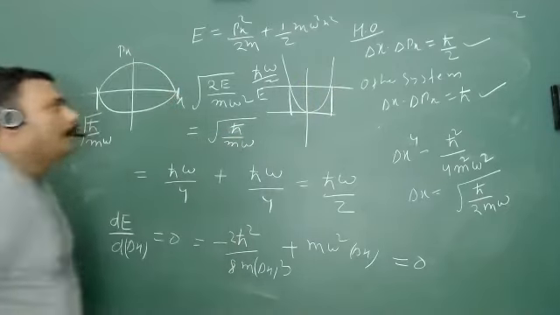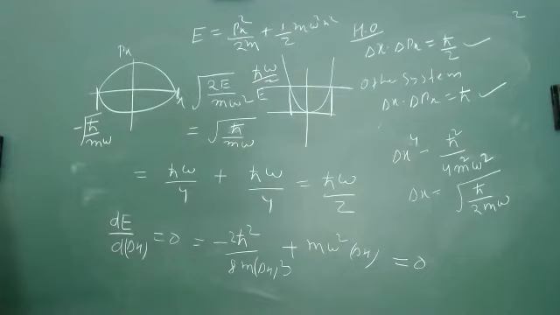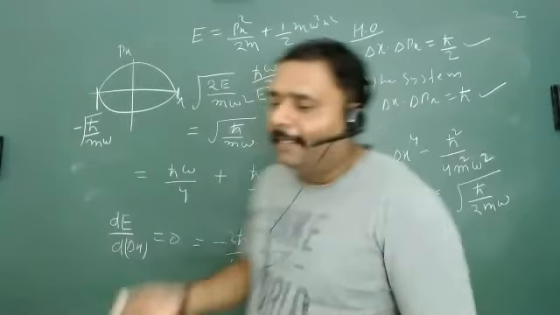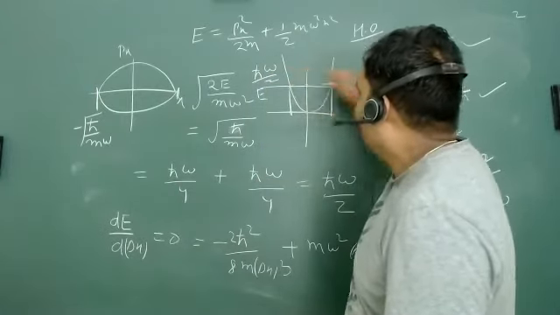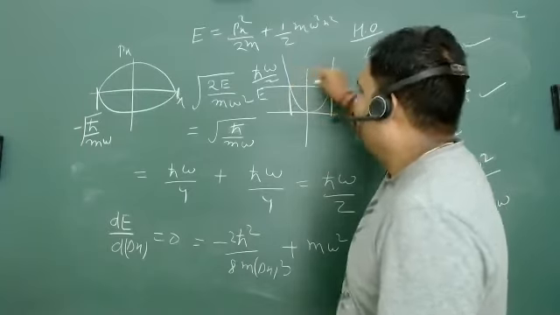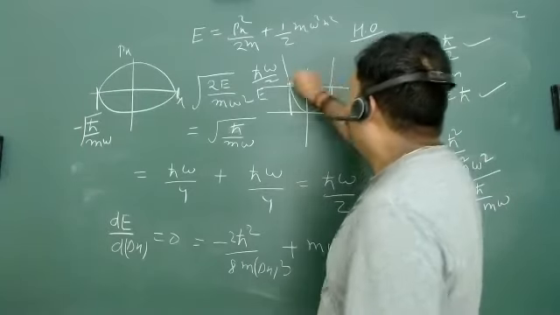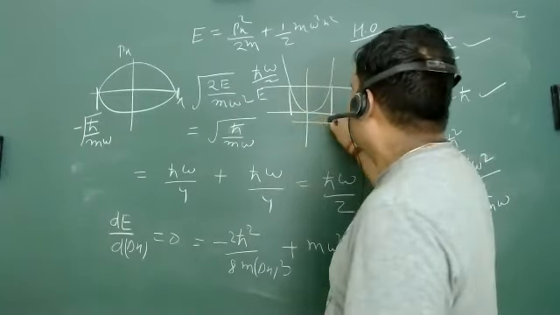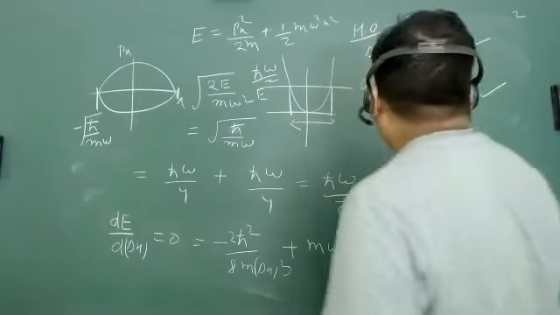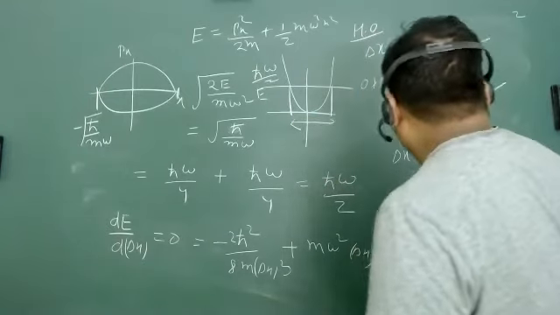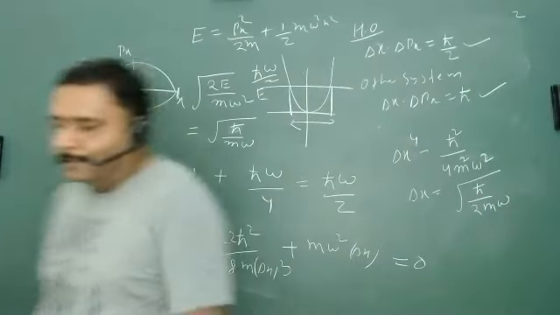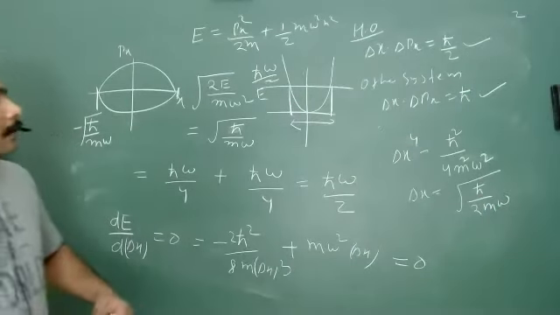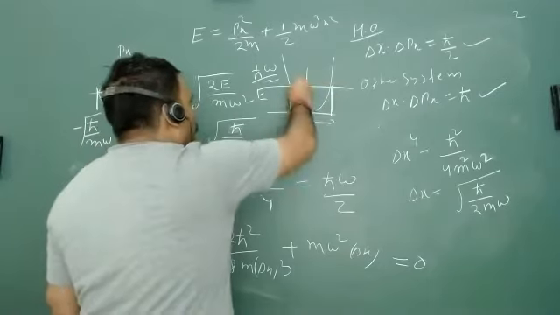Turning points. And the particle actually is confined in these 2 points, isn't it? Particle classically does not go beyond these 2 points. And what will be this difference? This difference will be something in this order. So these are the turning points.